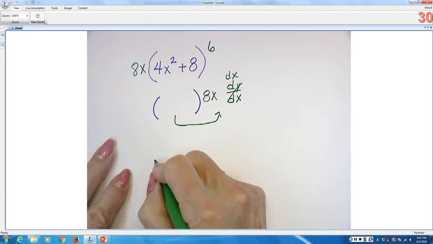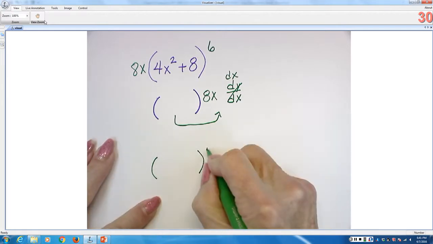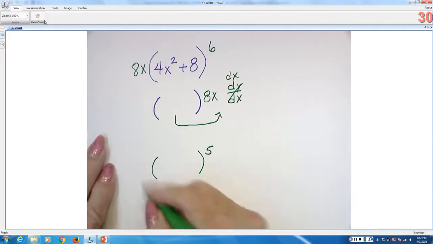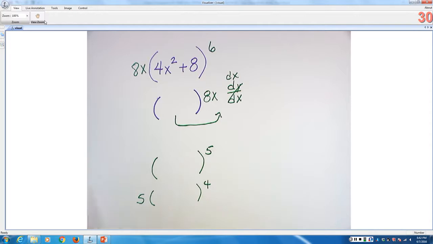So just to try to further illuminate, if you've got something to the fifth power and you're taking a derivative of it, what you do is you bring the 5 down in front of the power and reduce it by 4. And then whatever was inside here, you took its derivative.